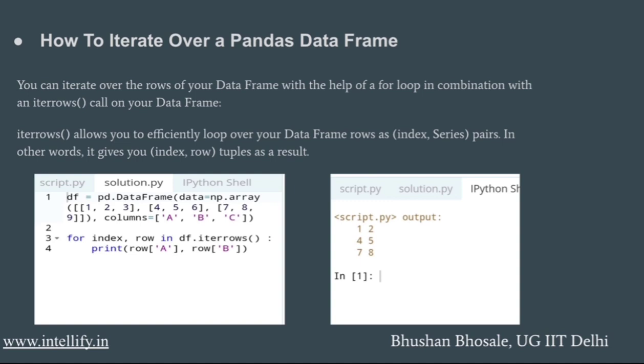What that would mean is to iterate over the rows and print all the values present in columns A and B. If it were from A to C, then it would print the whole data frame. But as it is just A to B, it would print 1 2, 4 5 and 7 8. I hope how to iterate over a pandas data frame is clear to you, because it is very simple.